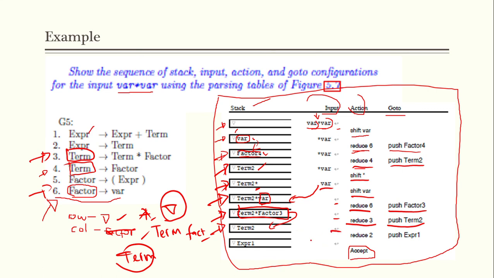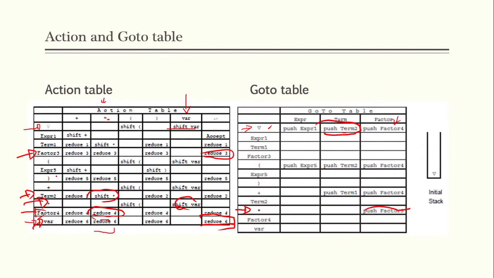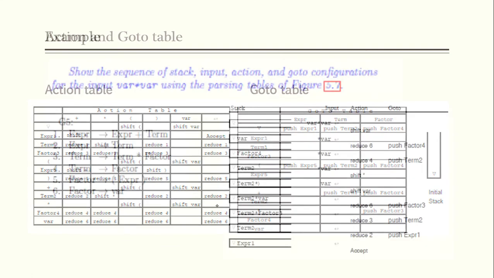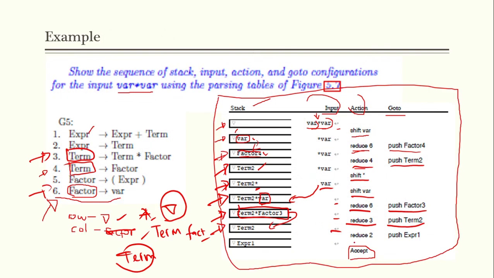So go to your action table. Term 2 is the row and end marker is your column. It says reduce 2. So term 2 and end marker is reduce 2. Write down reduce 2 here.